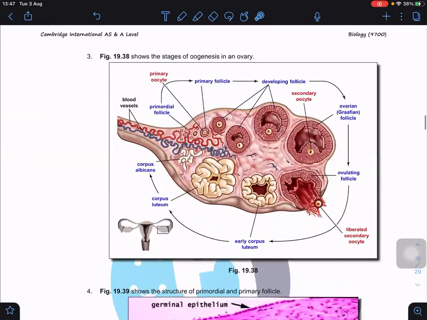So you can see that, guys, in this diagram, you have this primordial follicle. The primordial follicle actually contains the primary oocyte that stops at prophase 1.